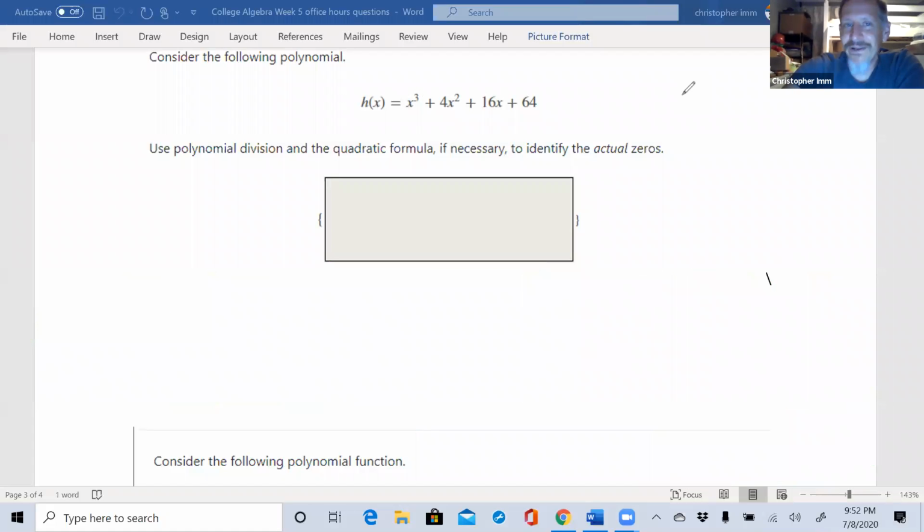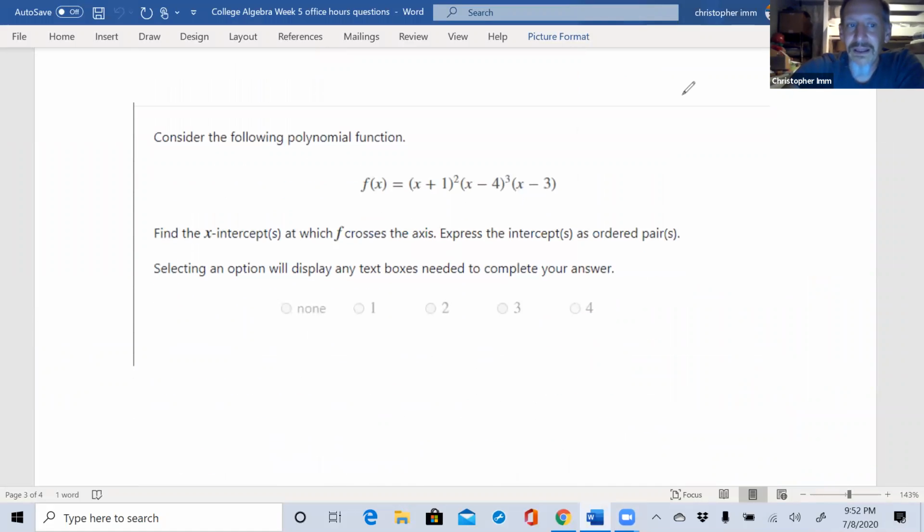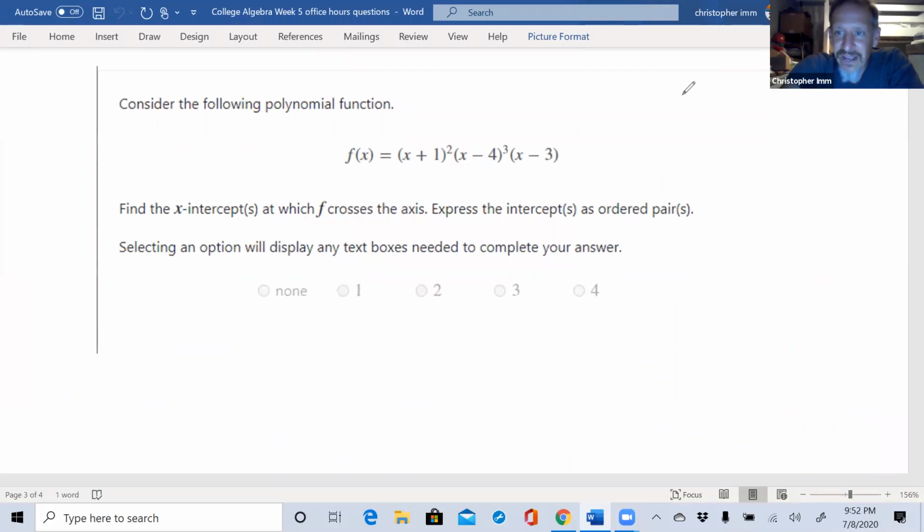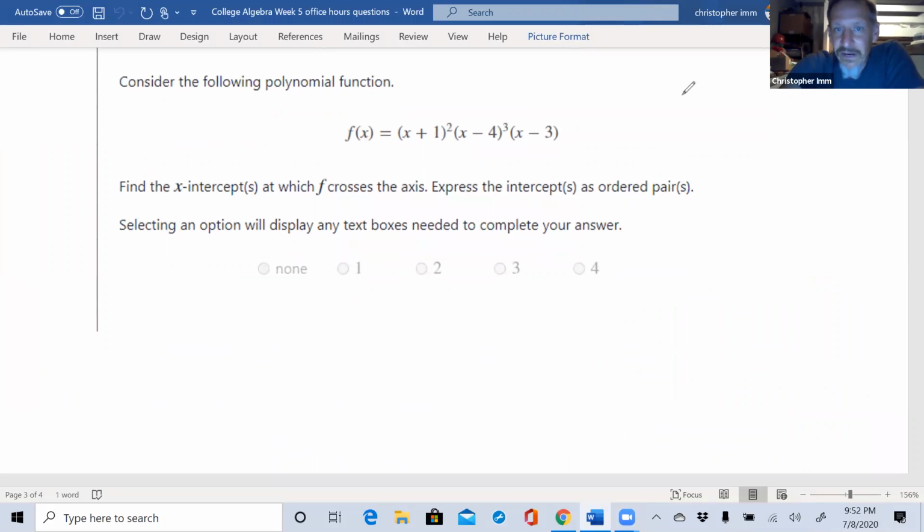Let's go to the next one. Okay. So I think we are in section 5.4 now. 5.3 maybe too. So here we have a polynomial and it's factored. So we want to find the x-intercepts at which f crosses the axis and express the intercepts as ordered pairs.